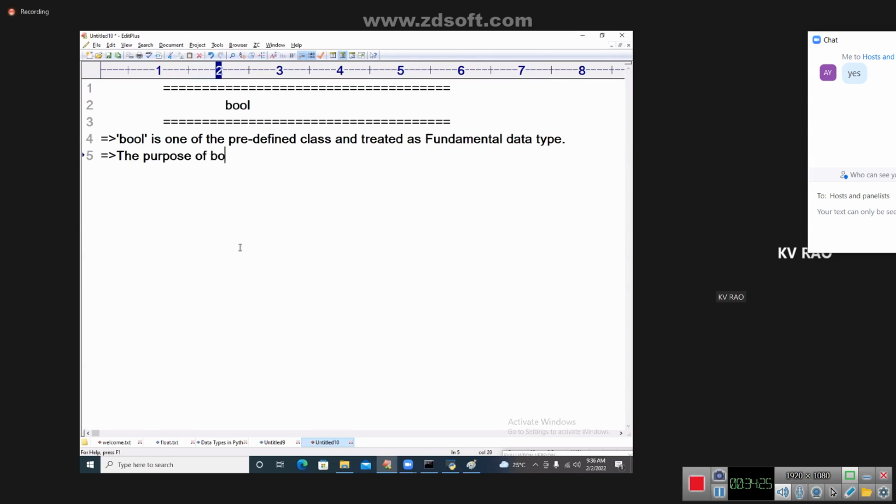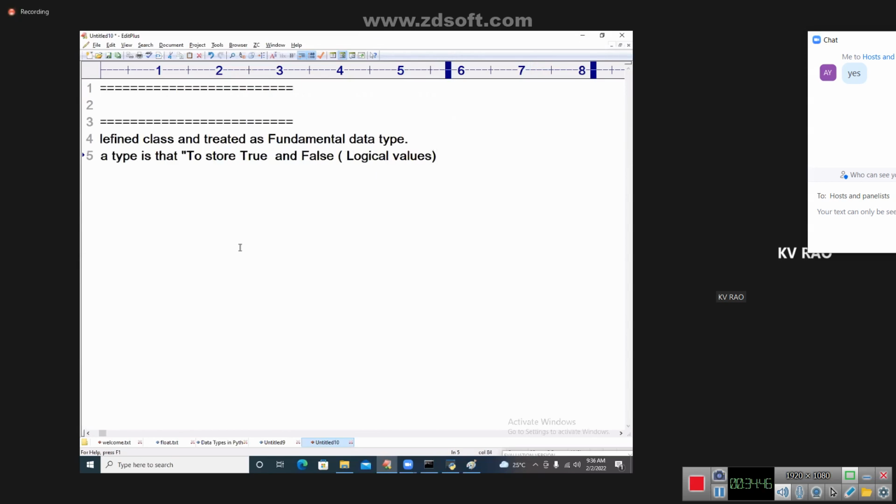The purpose of bool data type is to store true and false values. Some people will call them logical values. Which values are they called?